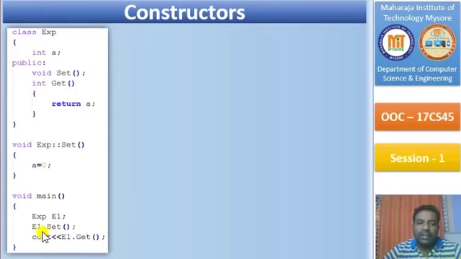Once I call this function, it will initialize the value of a as 0, and later I'm printing the value using the get function, returning the value of a, so the output is 0.